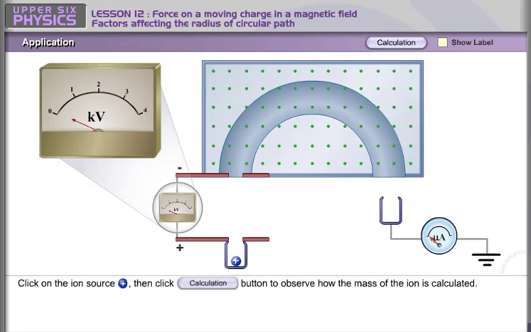Click on the ion source, then click the Calculation button to observe how the mass of the ion is calculated.